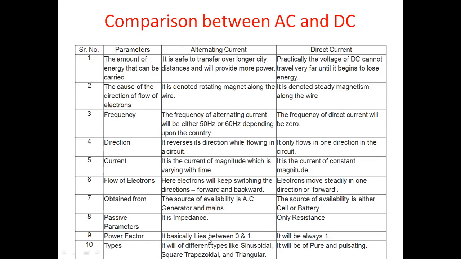In the case of AC, the power factor ranges from 0 to 1, and in the case of DC it is always 1. Last point is types. There are different types of waveforms for AC, that is sinusoidal, square, trapezoidal, or triangular. And in the case of DC, there are two types, either pure DC or pulsating DC. So this is about the comparison between alternating current and direct current.